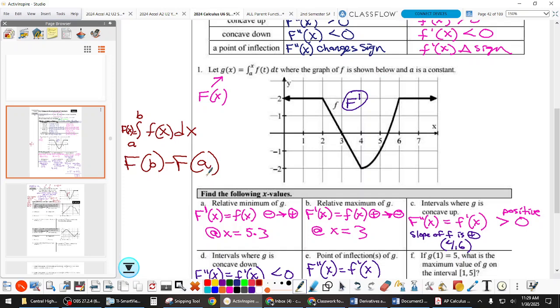The reason it's giving it like this with f of t dt is because they're choosing to put variables up here. So the x in g of x isn't the x that's up in the b part. It only is because we're plugging it in.